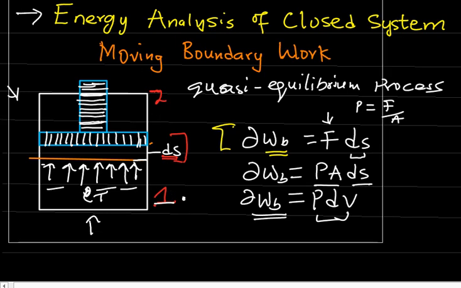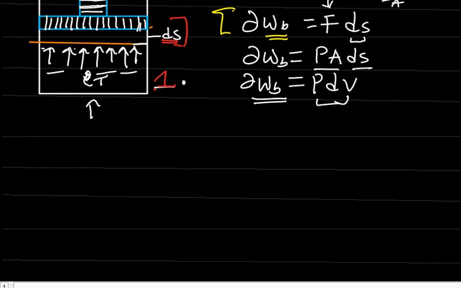To calculate the total boundary work, we are going to integrate all the differential work from state 1 to state 2 of P dV with respect to V.